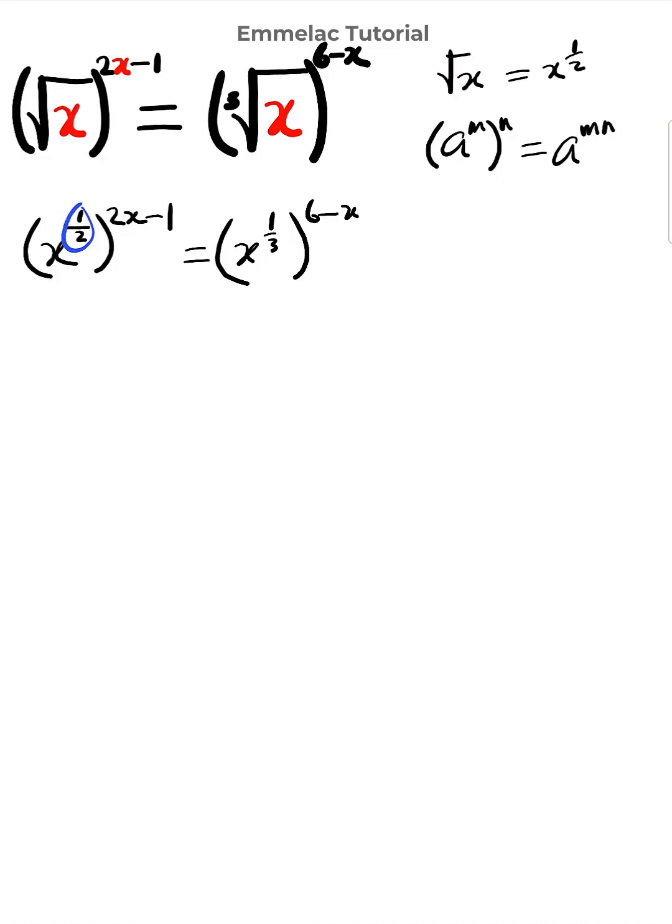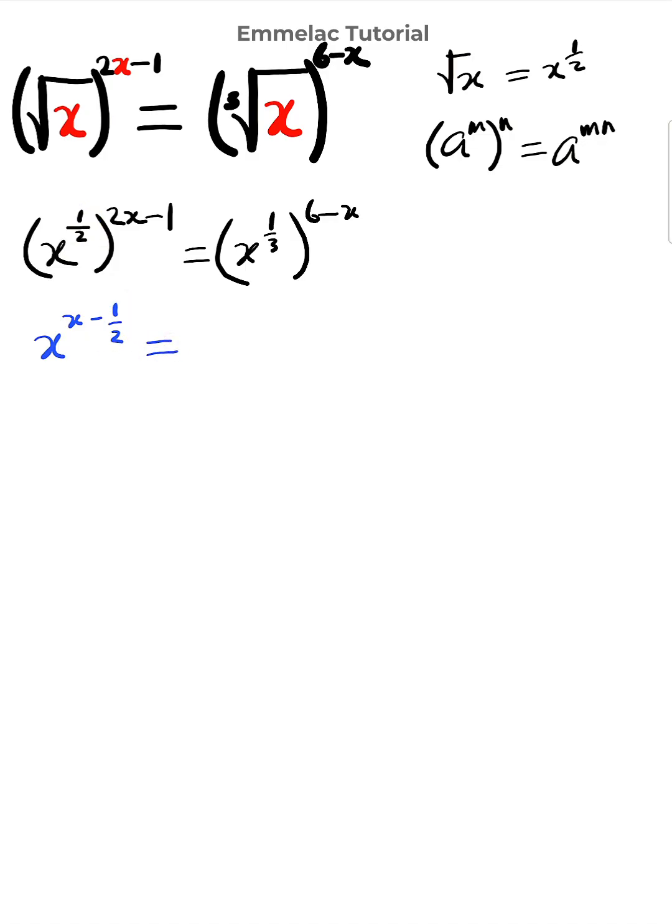When 1 over 2 is distributed across these terms, we end up having x raised to x minus 1 over 2, because when 1 over 2 multiplies x, the 2 clears off the 2, and when half multiplies 1, we are left with half.